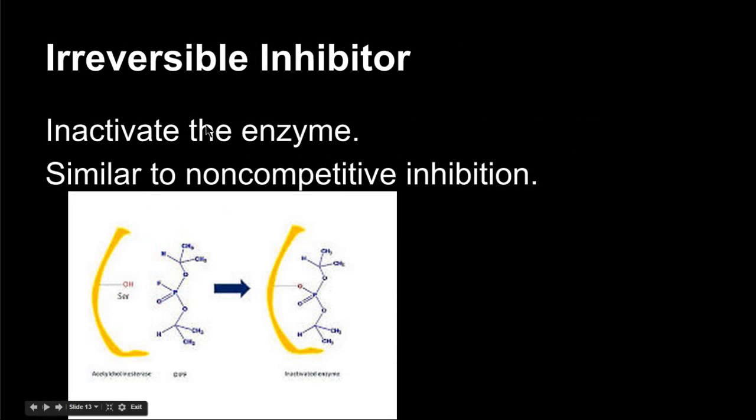All right, now we're going to talk about irreversible inhibitors, and these guys essentially, you'll see this with phosphorylation, acetylation, a lot of different techniques that metabolic pathways use to shut down an enzyme.